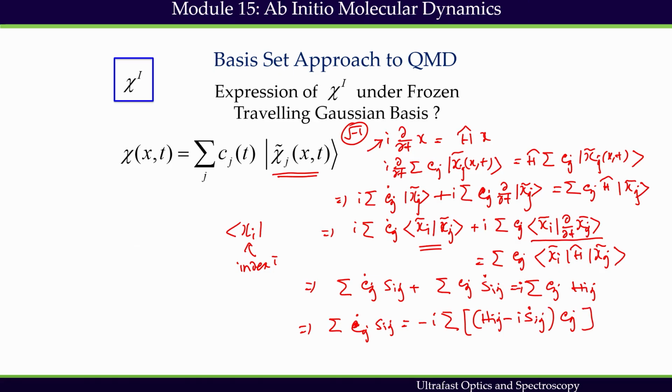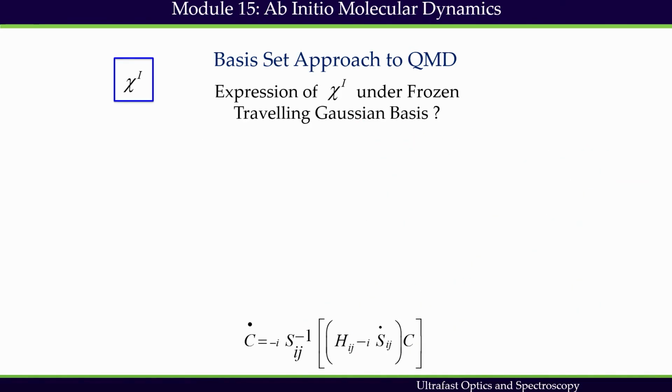This is the way one can express. So the final expression for the time dependent coefficient we get like this. In the previous expression we didn't have this term, but now we have this additional term, and if we take again 3 bases, then one can write down in the following way.